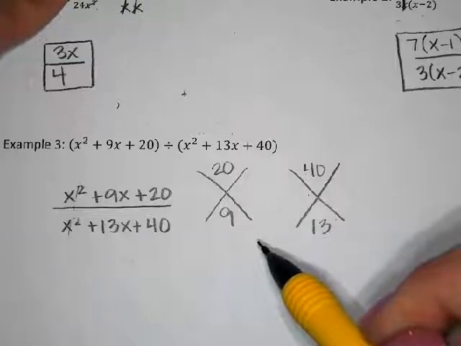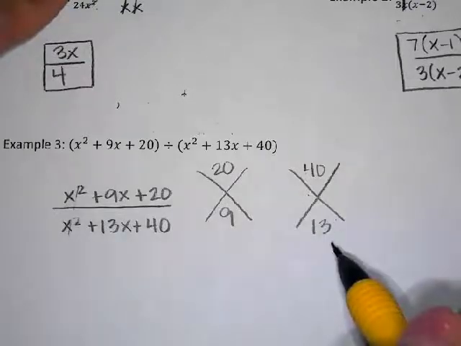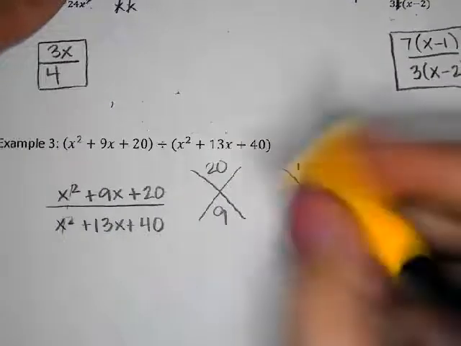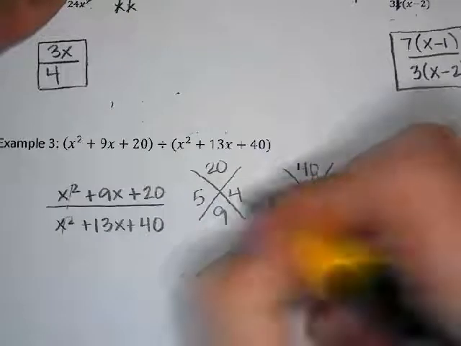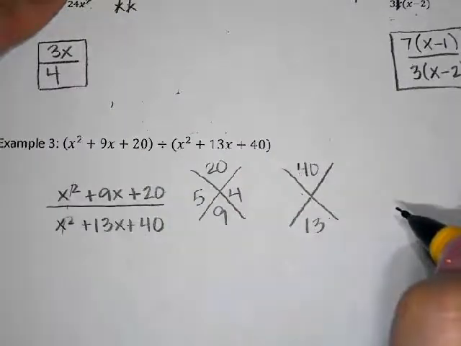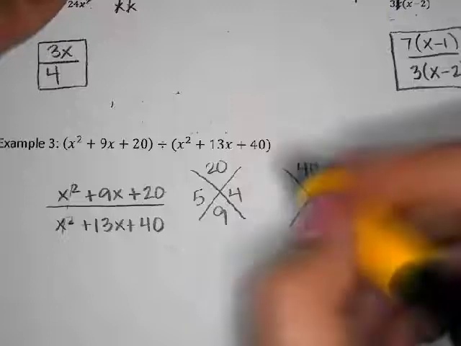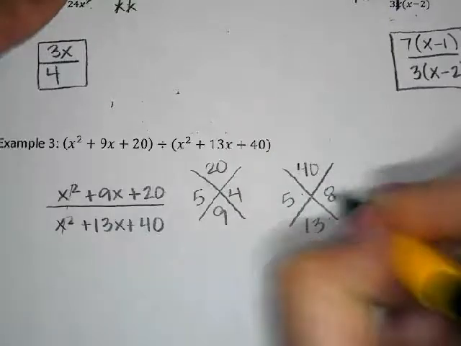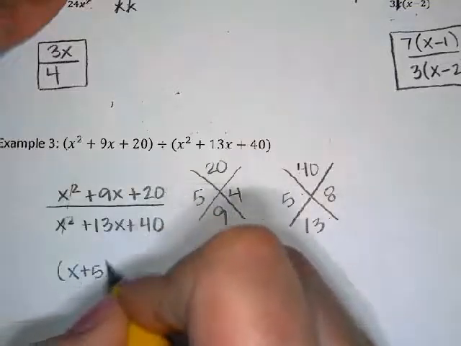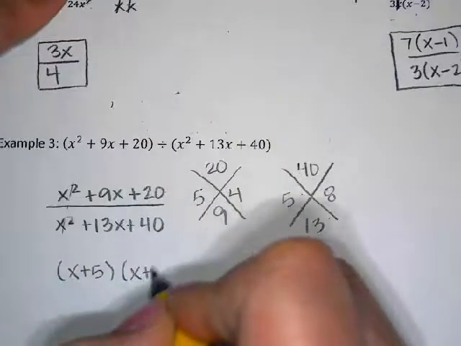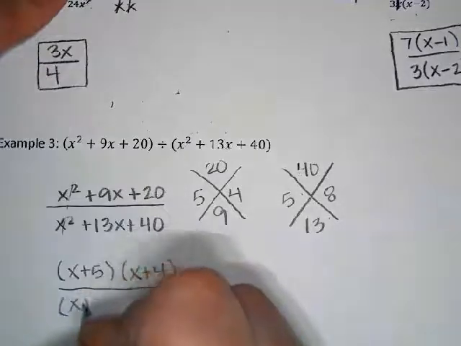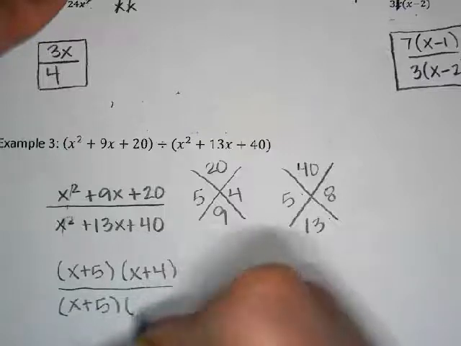And then multiplies to 40 but adds to 13. Anyone? 5 and 4. Okay. Anyone know the other numbers? 5 and 8. Okay. So on the top, we're going to put x plus 5, x plus 4. And then on the bottom, we're going to put x plus 5, x plus 8.